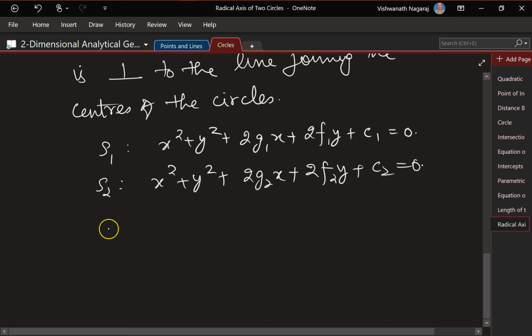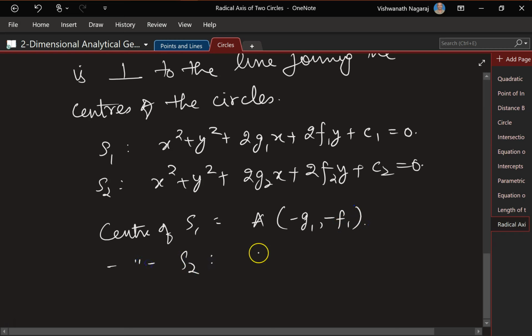The center of S1 is A(minus g1, minus f1), and similarly the center of S2 is B(minus g2, minus f2).